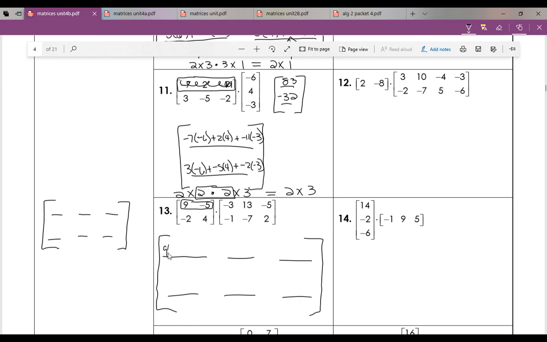So that would be 9 times negative 3 plus negative 5 times negative 1. Then I'm going to pair 9 times 13 and negative 5 and negative 7 together. Second column. Go to the third column. 9 times negative 5 plus negative 5 times 2.